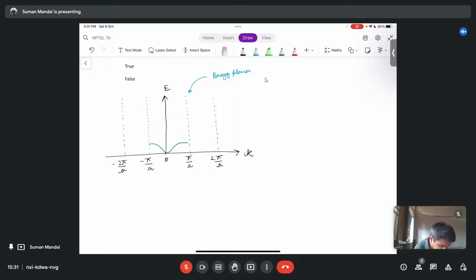It should be symmetric because it's the same. Yes.